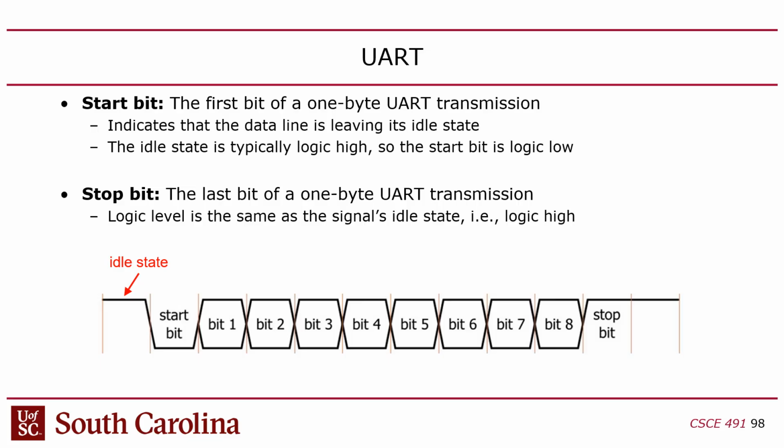Because both sides of the channel have to pre-agree on the cycle time, the bit time, which is called the baud rate. So you pre-agree on a baud rate, and then the reciprocal of the baud rate is the bit time. That's how much time is allocated to each bit on the channel.